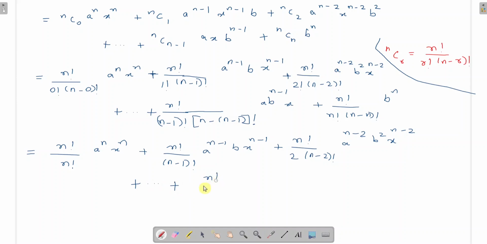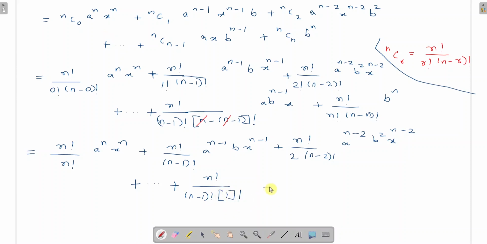n factorial divided by (n minus 1) factorial multiplied by, so this will be what, n and minus n will get cancelled right here, and minus of minus 1 is 1, so you will get 1 factorial.